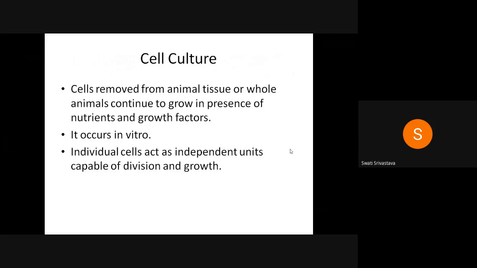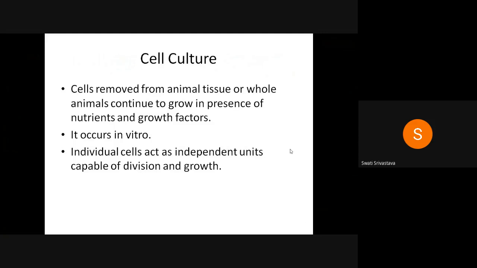So all those cells will have a different growth rate, different nutrition requirements, so you cannot maintain that tissue for a longer duration. The cells won't collaborate together to be in assembly, and they won't grow together.